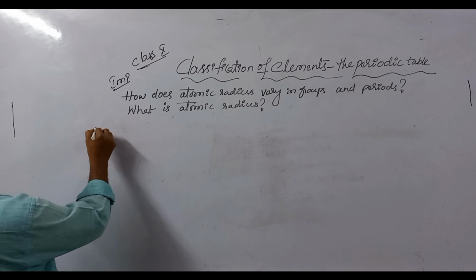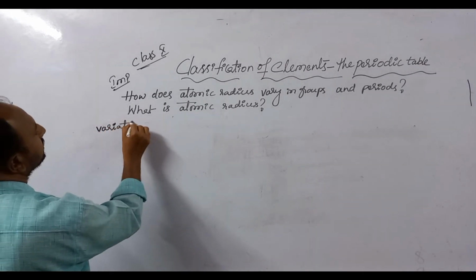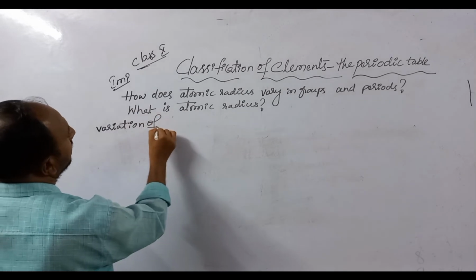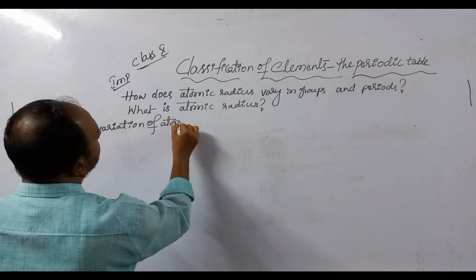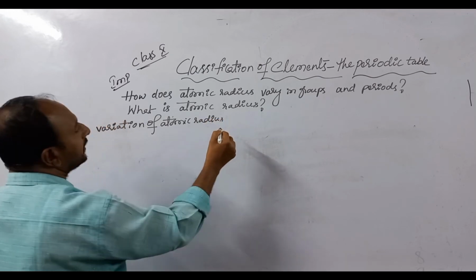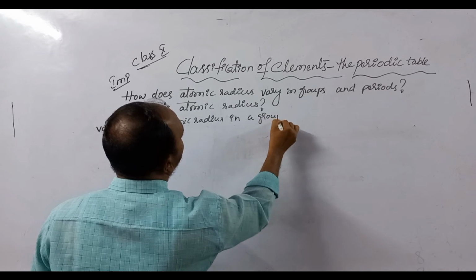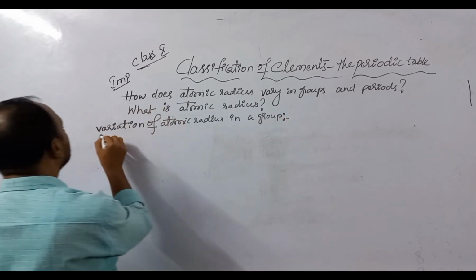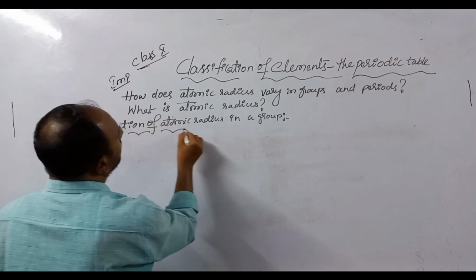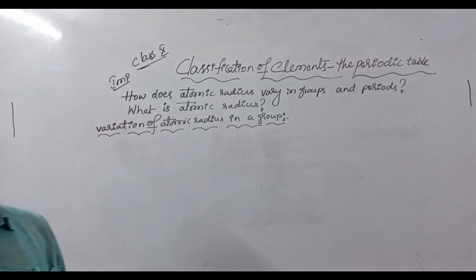So first one, variation of atomic size or atomic radius in a group in the modern periodic table. Students, you know, in the modern periodic table, a vertical column is called a group.